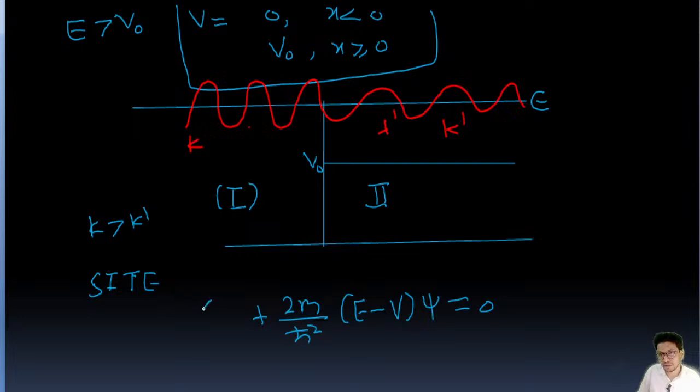This is the Schrodinger time independent equation. So we'll write here for region 1 the Schrodinger equation.